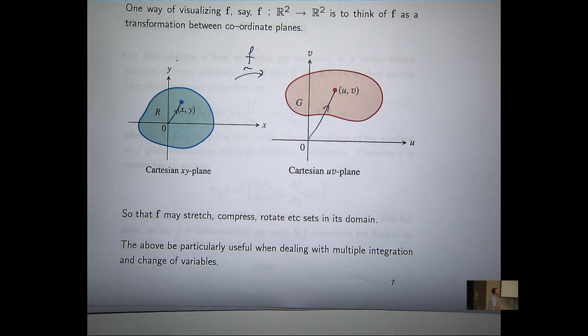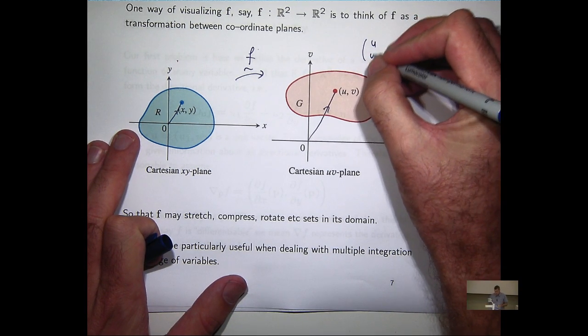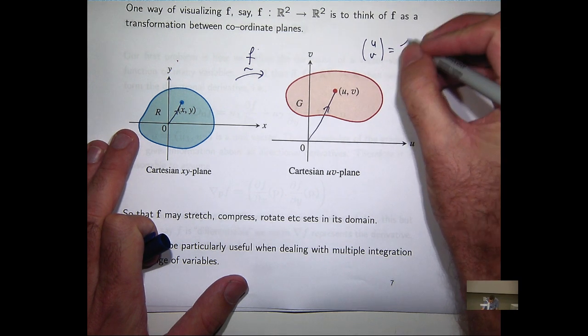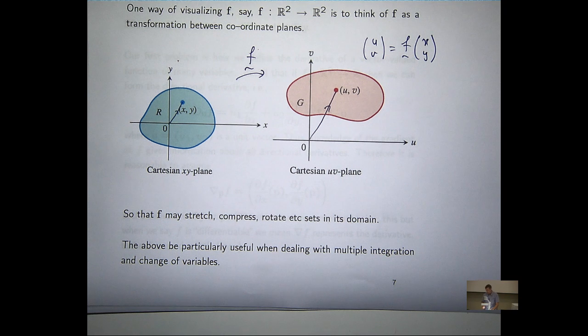Now, in this setting, you would have u and v as just f of x, y. But you can have it the other way around. U and v could be the independent variable, and you could map from the uv plane into the xy plane. Sometimes that happens as well.